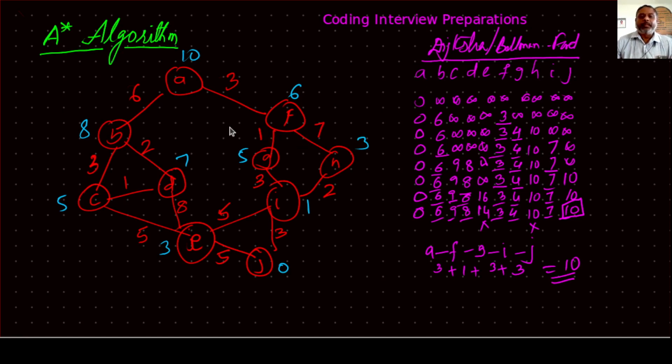Another issue is that Dijkstra's and Bellman-Ford algorithms were defined for directed graphs, but here we have an undirected graph, so not an issue. An undirected graph may be converted into a directed graph by using two arrows between each pair of nodes, and that's it.